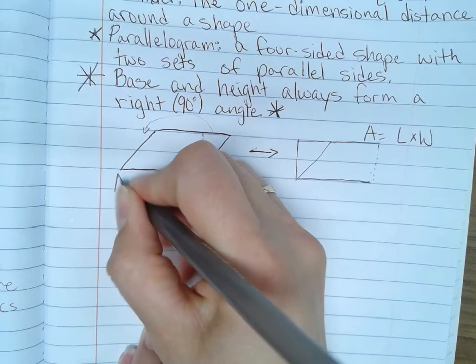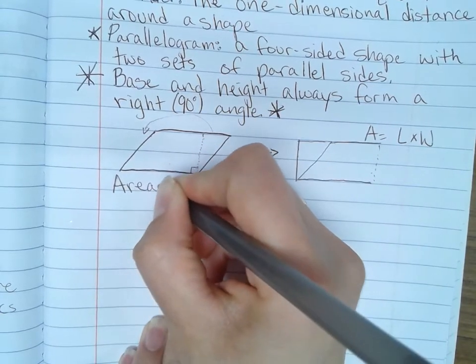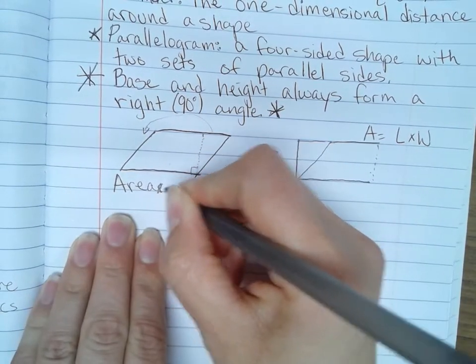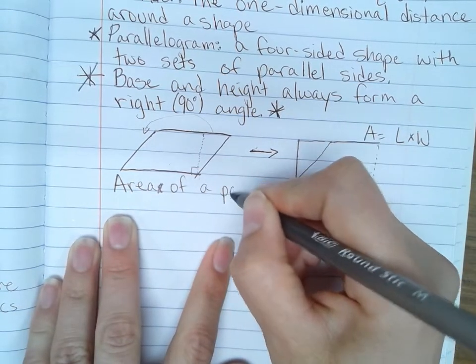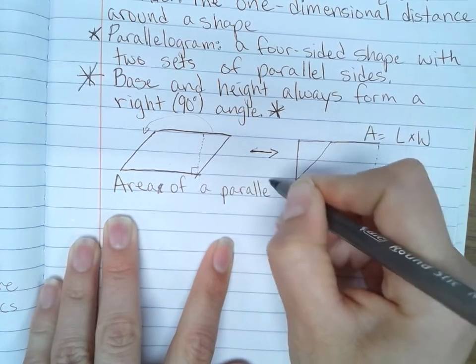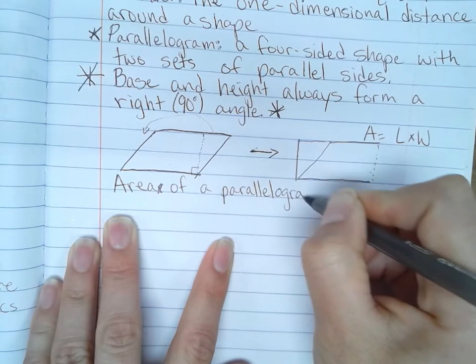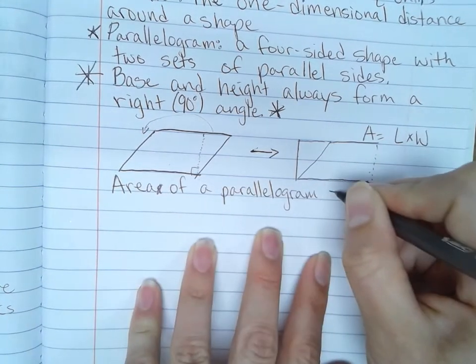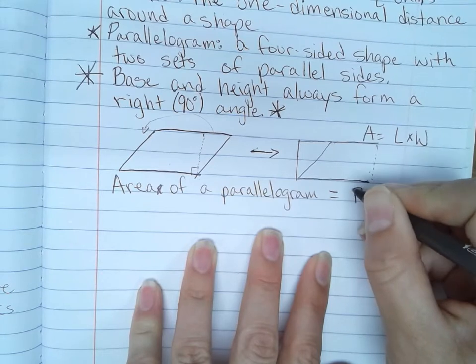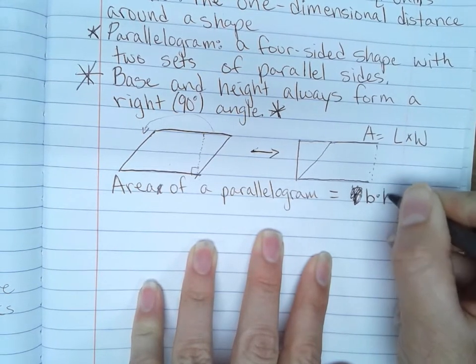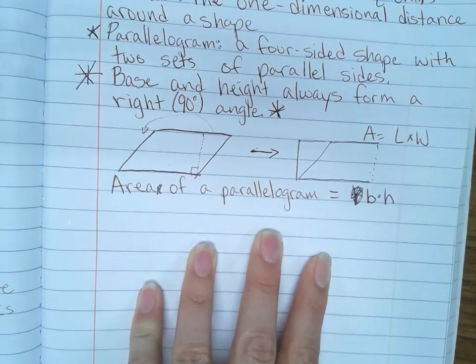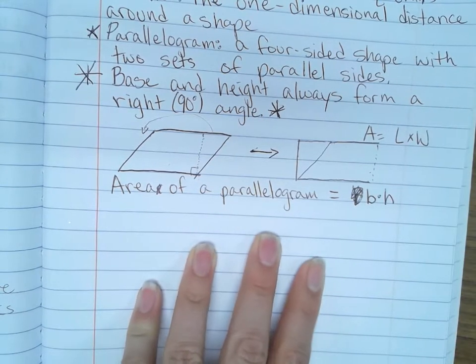So, area of a parallelogram equals base times height. And it's just the two things that make a right angle.